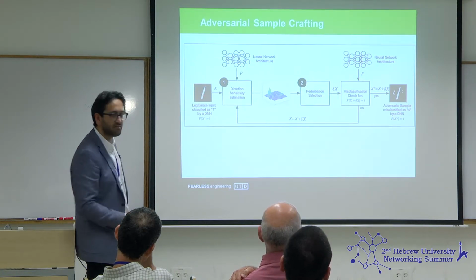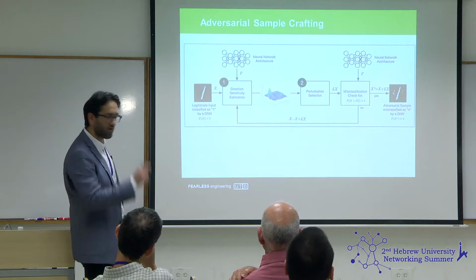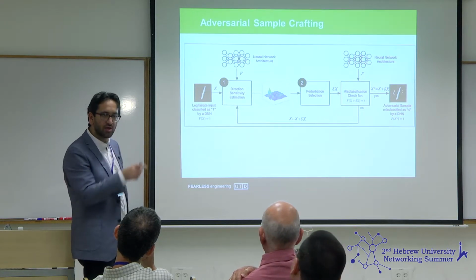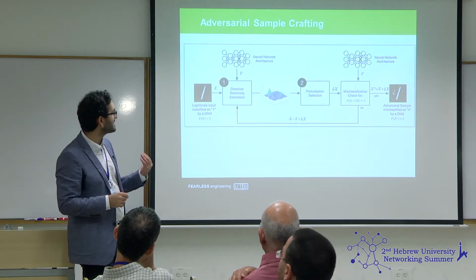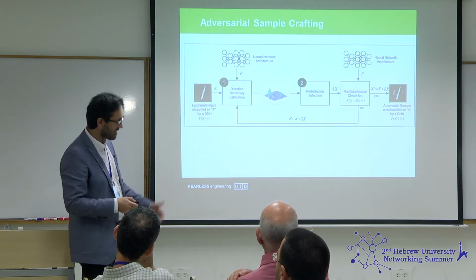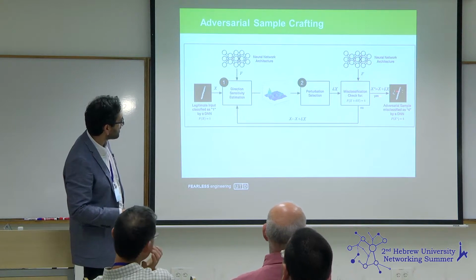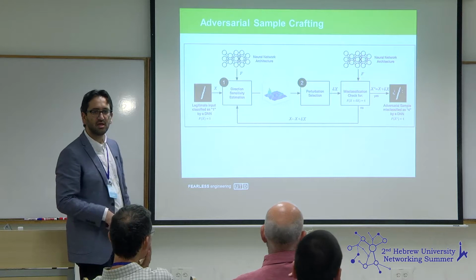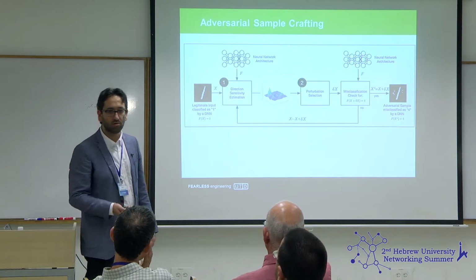In this setting, this is an image of the digit 1, and our goal is to make this digit look like something else. Eventually, it found that if it makes this change and this change, it became a 4.